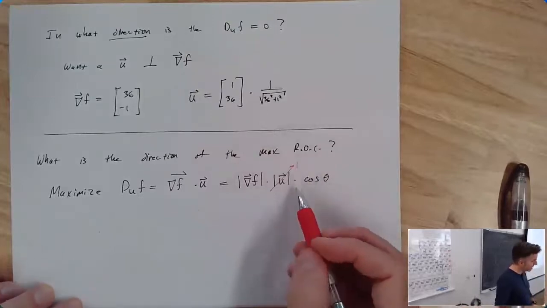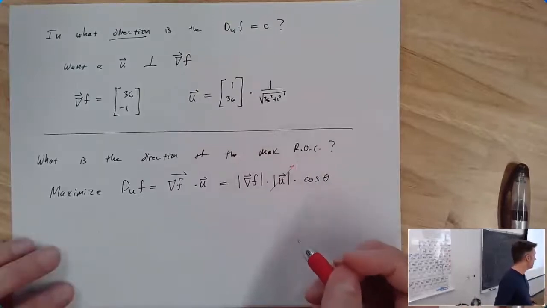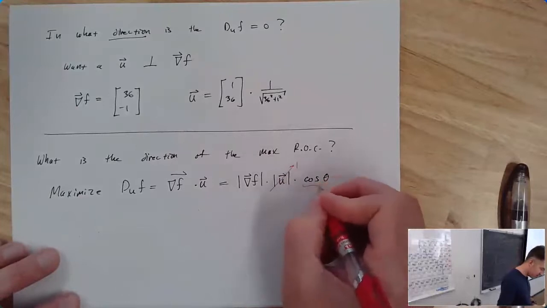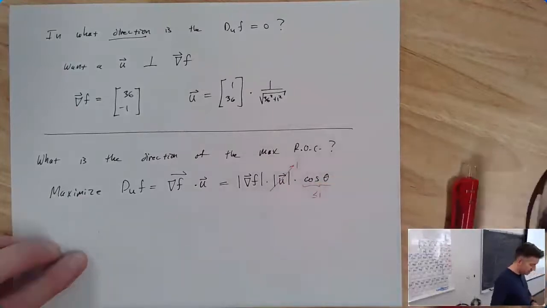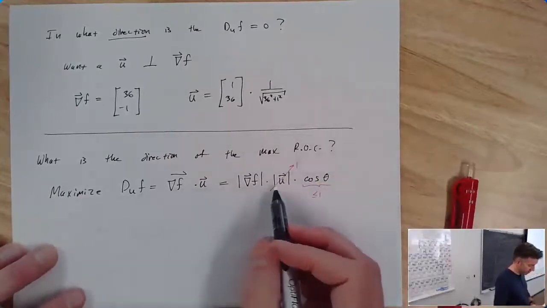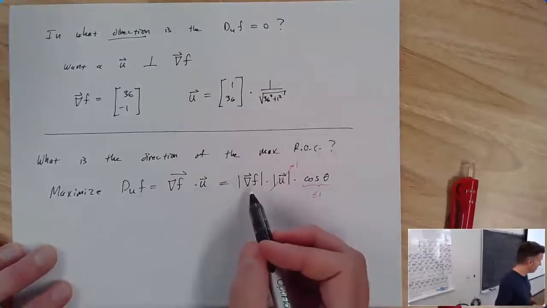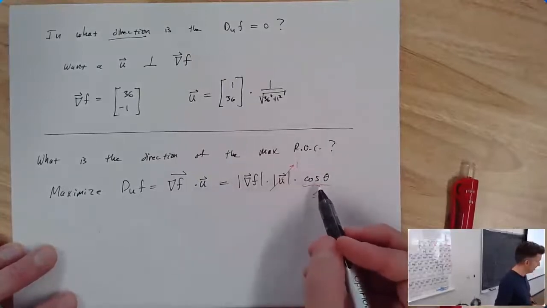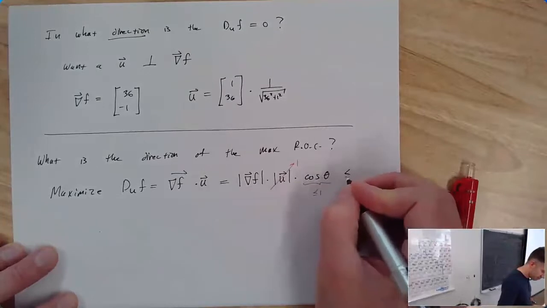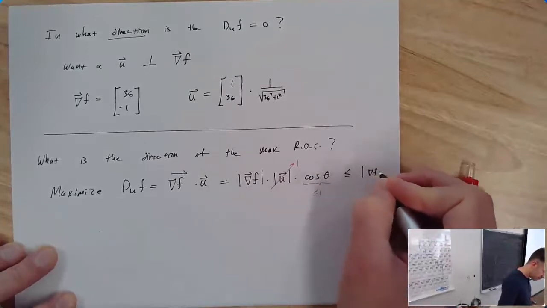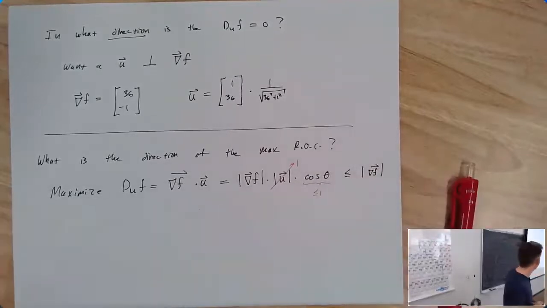And what's the biggest cosine of theta can ever be? Also 1. So the biggest the directional derivative can ever be is the magnitude of the gradient of f times 1 times 1, just the magnitude of the gradient.